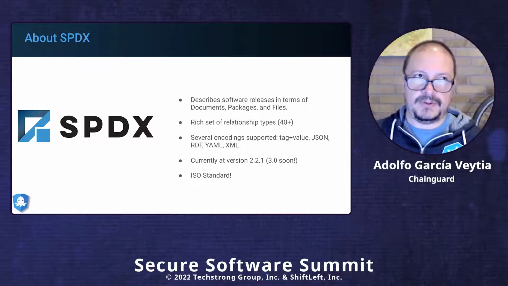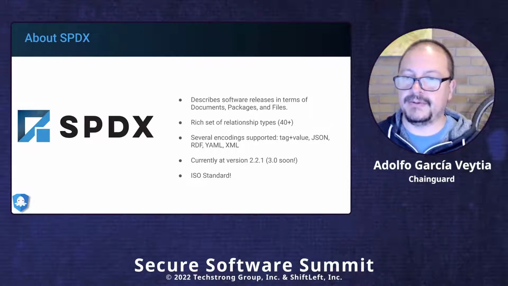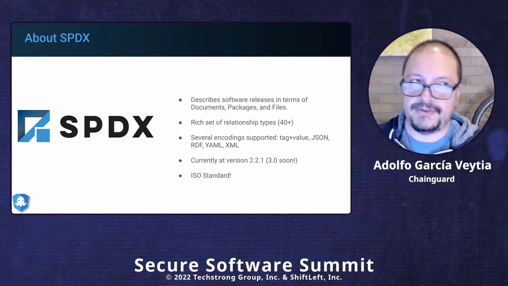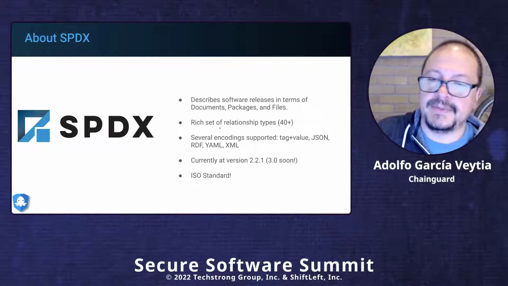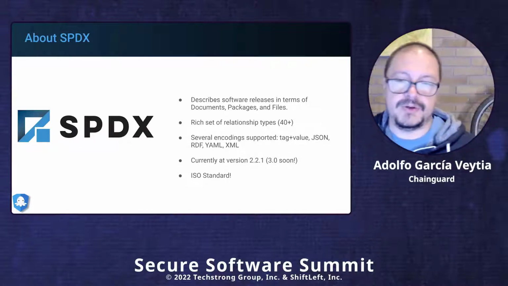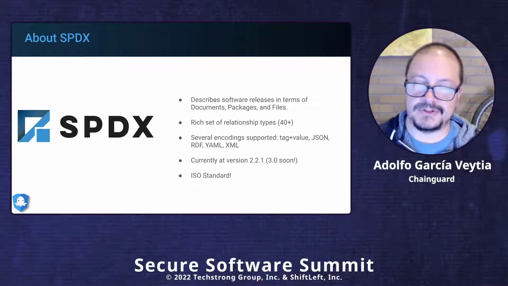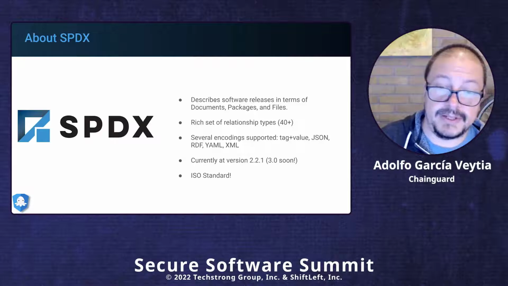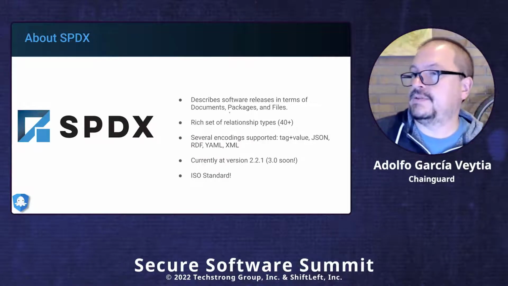Then once you define your components, you can output the SBOM in a number of different formats like tag value, JSON, RDF, YAML, XML. The current version in use is 2.2.1, and we're expecting version 3.0 to be released really soon. Like I said before, it's an ISO standard already.